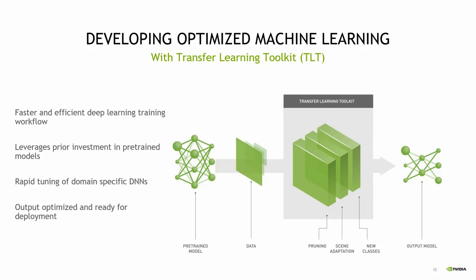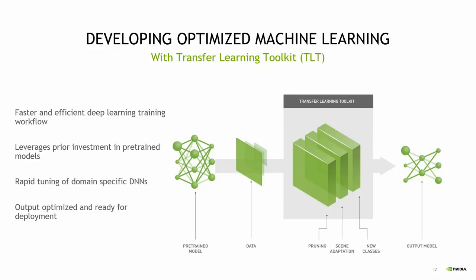You just use your data on that model, run it through our transfer learning toolkit. It allows you to then optimize that model for your data and gives you a new model out at the other end that's ready to be used in multiple different systems.